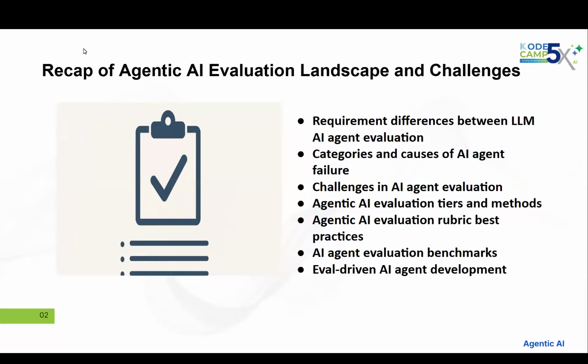Let's say the agent's changing of the environment is making a test non-reproducible. And the next one will be LLM as a judge.